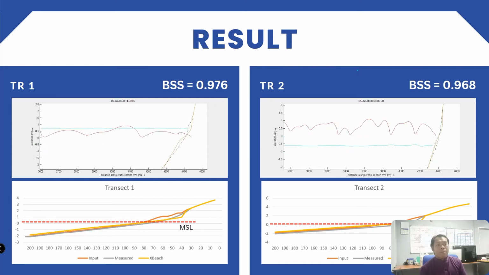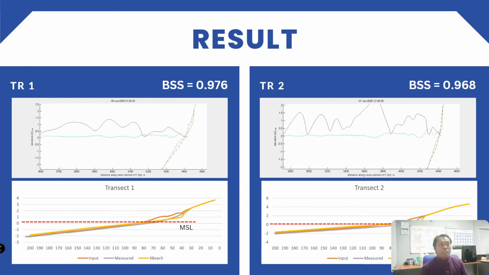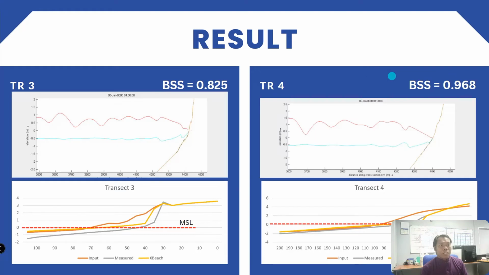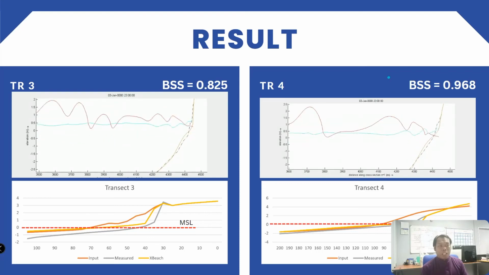For transect 1, the Brier score is equal to 0.976. For transect 2, the Brier score is 0.968. Next is for transect 3 and transect 4. For transect 3, the Brier score is 0.825, and for transect 4 it is 0.968.